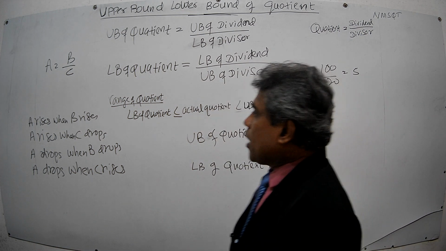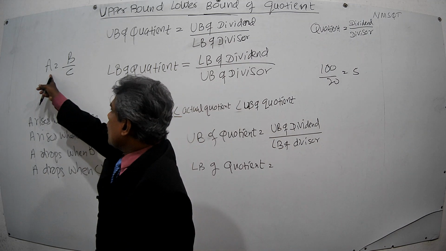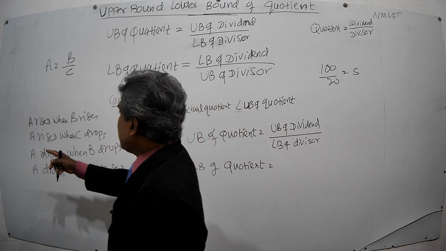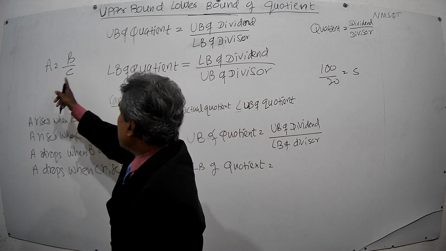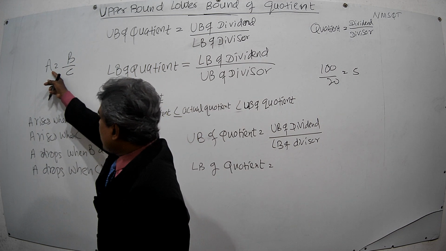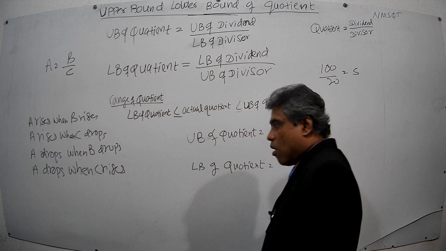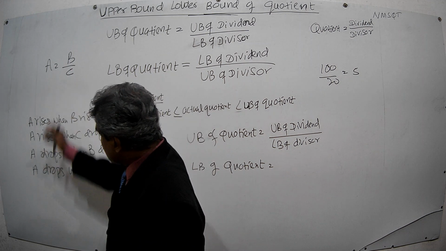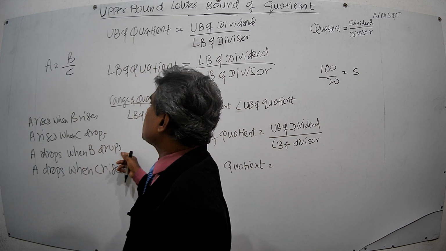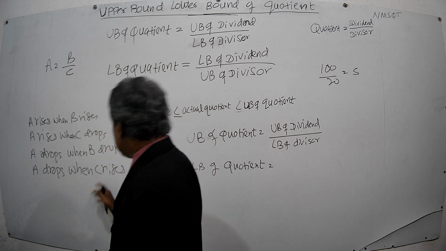A means here the quotient. We want to find what B and C should be for A to become its lowest, that means the lower bound, otherwise the minimum. For A to decrease, A drops when B drops, and A drops when C rises.